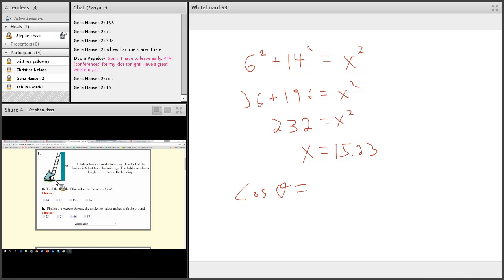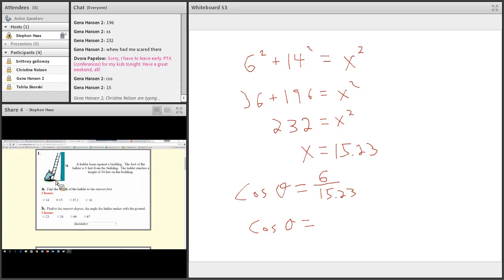The hypotenuse is 15.23. The adjacent is the one that's not the hypotenuse, that's next to the angle. So that would be the 6. The hypotenuse would be the 15.23. So now we can figure out that cosine of theta equals 6 divided by 15.23.